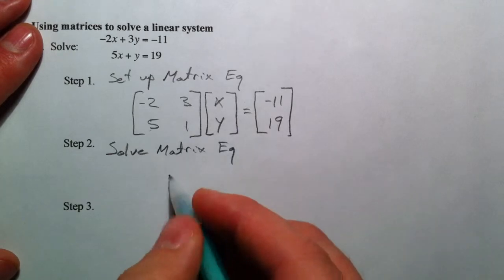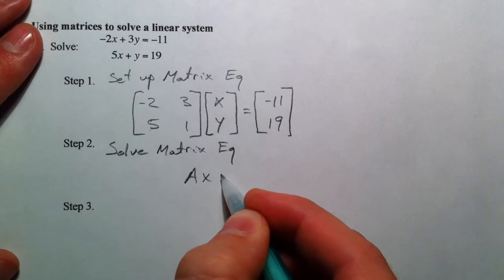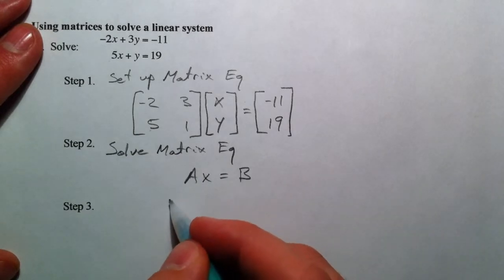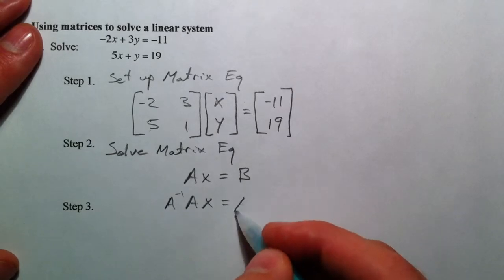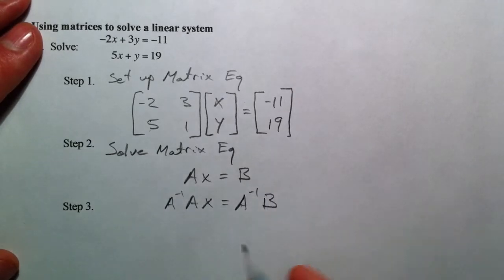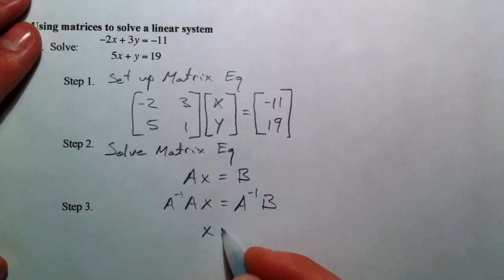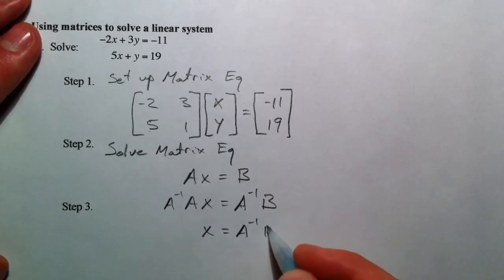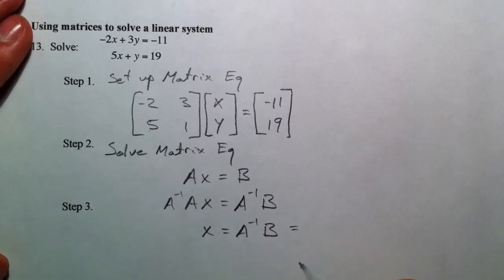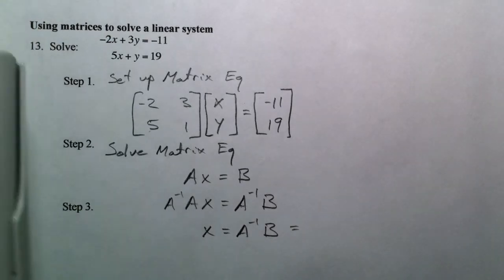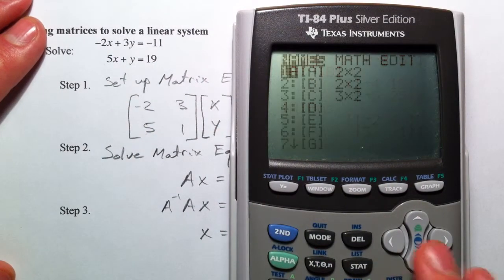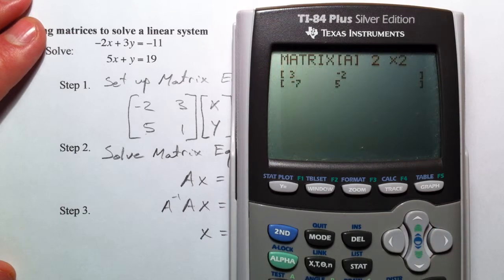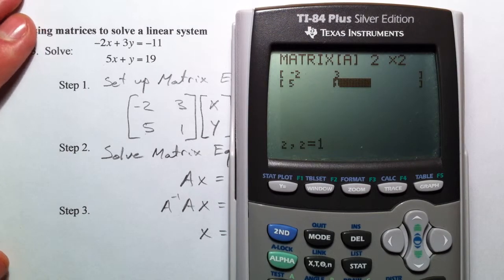So to solve your matrix equation, you essentially have AX equals B. So again, we need the inverse of A, and so we have X equals A inverse times B. I'm going to use matrix A, -2, 3, 5, and 1.